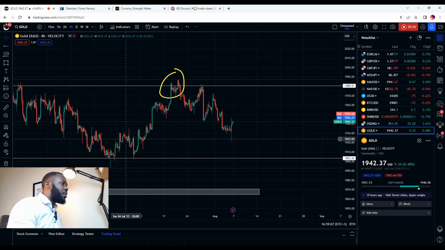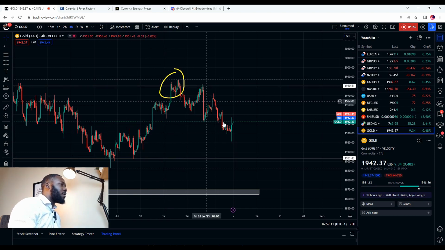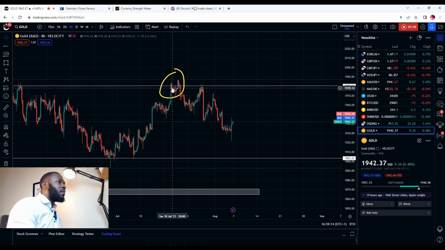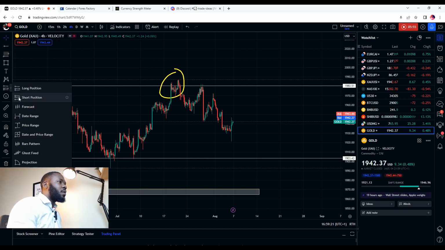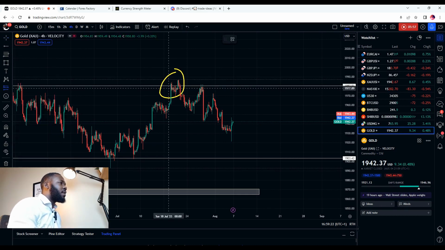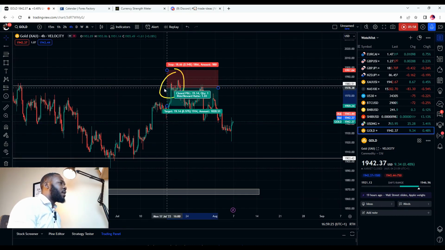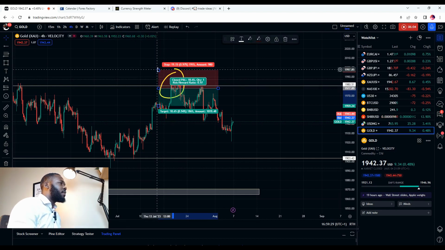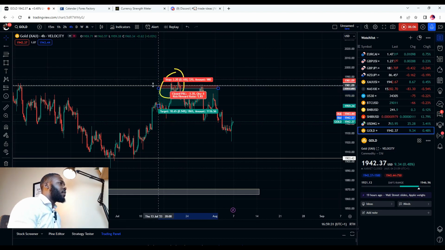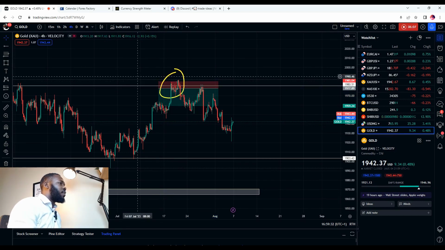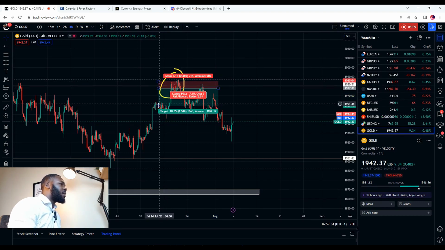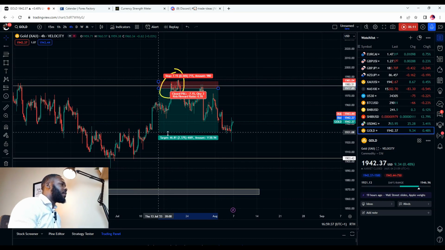So we set the sell limit here, and we set our stop loss here and our profit target here.